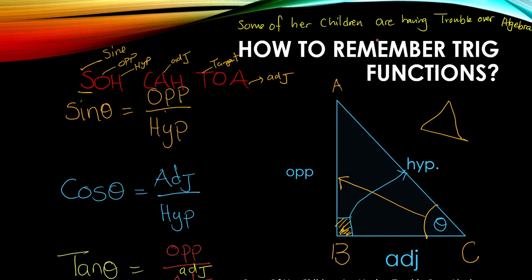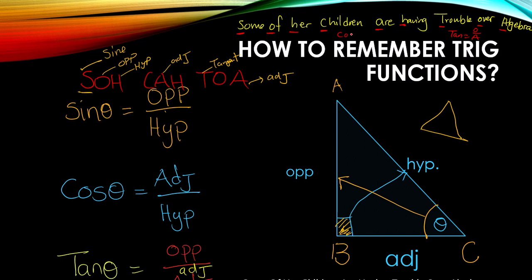Okay, so I see the trig ratios are right here. S for sine, O for opposite, H for hypotenuse. So sine theta equal opposite over hypotenuse. Children, C for cosine, adjacent over hypotenuse. T for tan, O for opposite, A for adjacent. So tan equal opposite over adjacent.